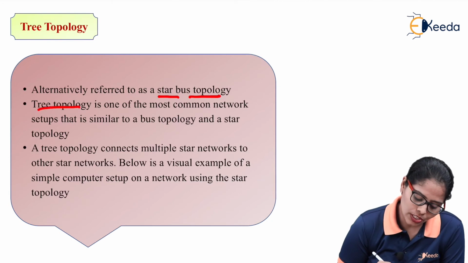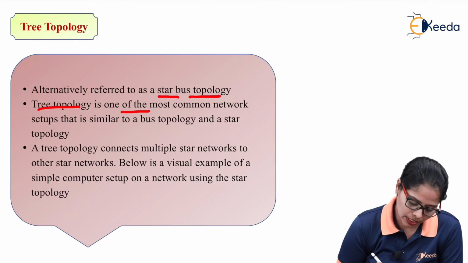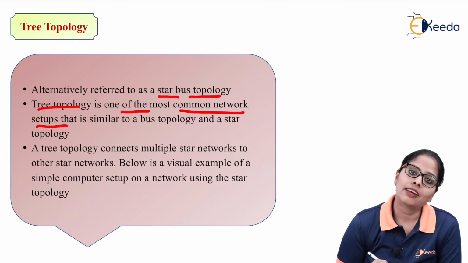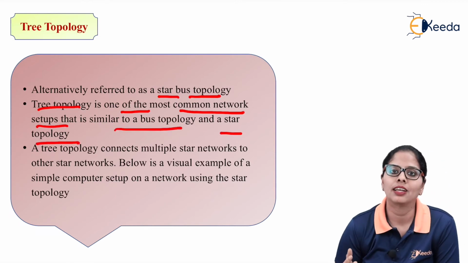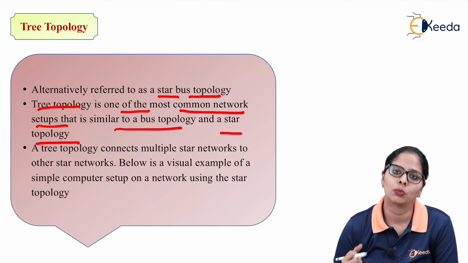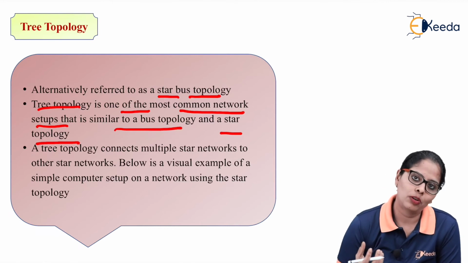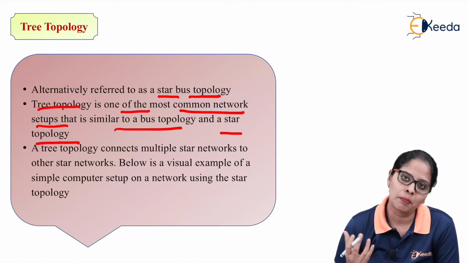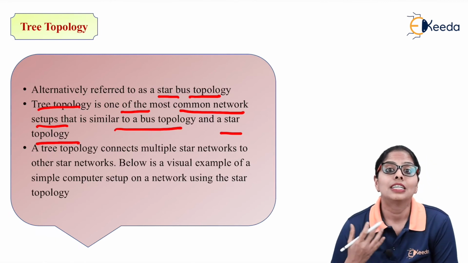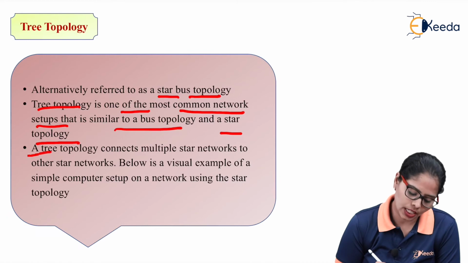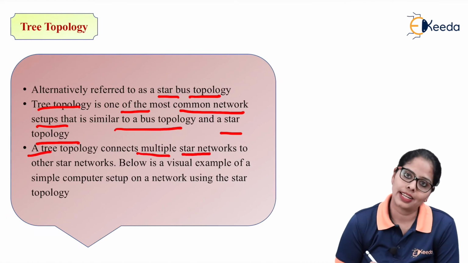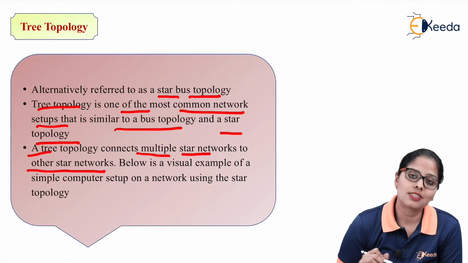It is one of the most common network setups, similar to bus topology and star topology. We take the advantage of both topologies, the star topology and the bus topology, combine them, and form the tree topology. A tree topology connects multiple star networks to other star networks.